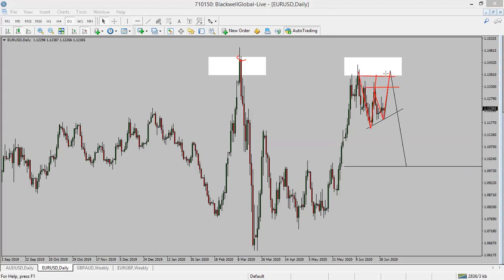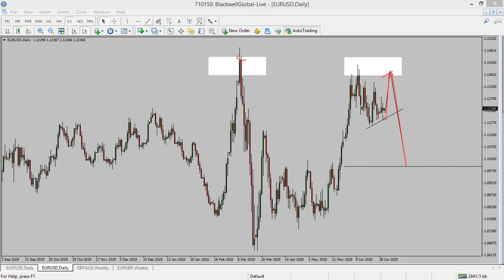I would like to see how it holds. I would like to see how price reacts getting back to this level. So before the week ends, or I don't know what time frame, how soon or how late it's going to be, I'm watching for a continuation to the top side to get in.